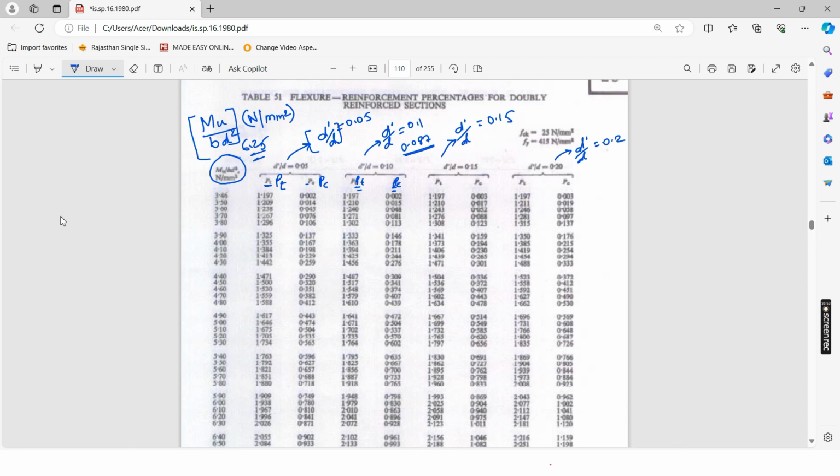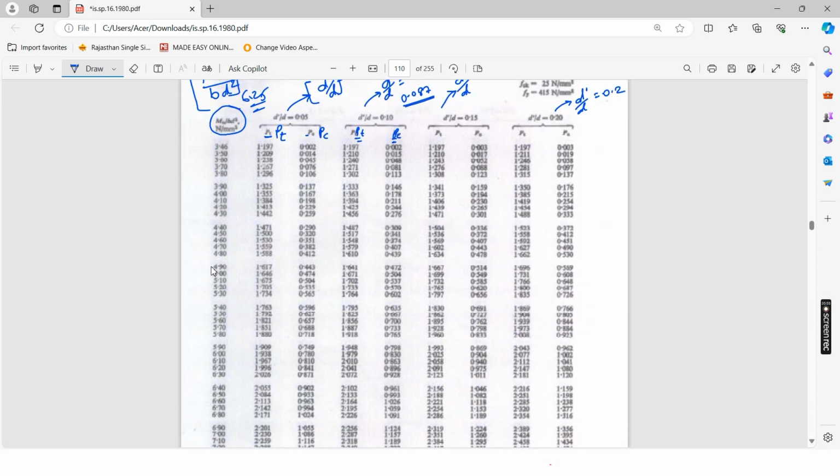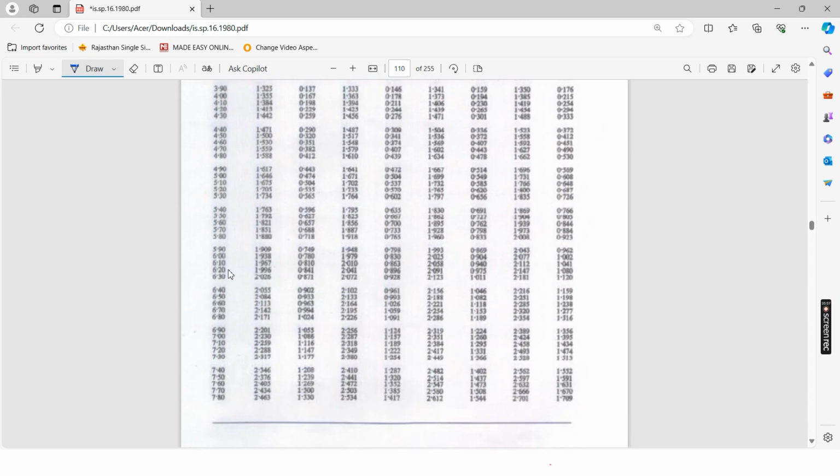I go down. 6.25 you can get here, between these, this is 6.2, this is 6.3. It may be blurred, so you have to download the SP16 from the browser and you can see all the values clearly, 6.2 and 6.3. So in between of that you have to take the value. I take it as 6.3 because we can design on the higher side, that will give more moment of resistance.